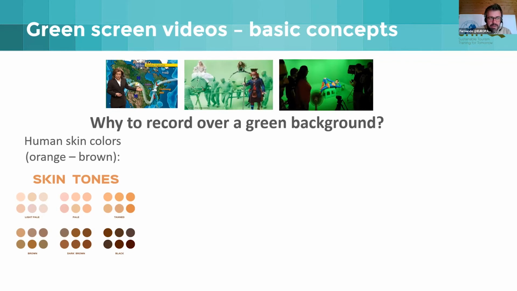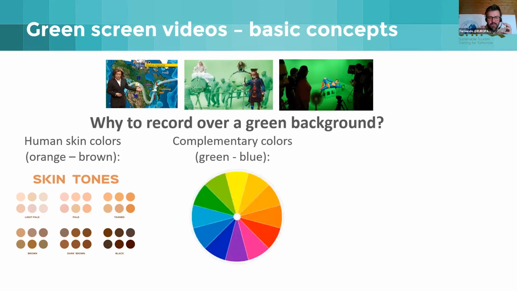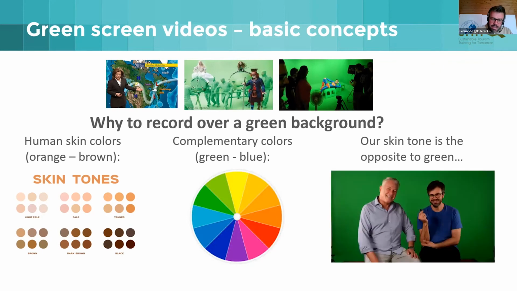The fundamentals of green screen recording are that human skin tones are in the range of orange and brownish, and if you look at a color wheel, these are the complementary colors to green. So green and orange, or blue and orange, are complementary, okay? We can say that our skin is the opposite of green.